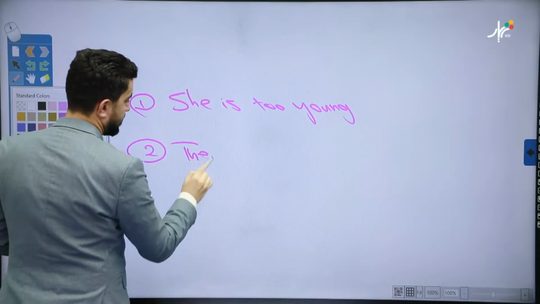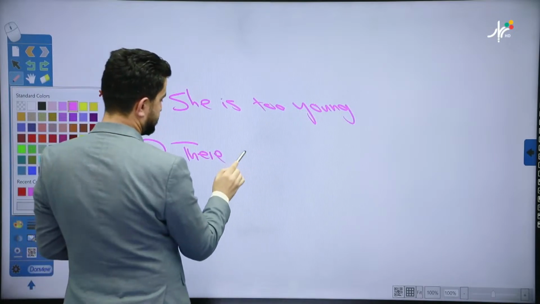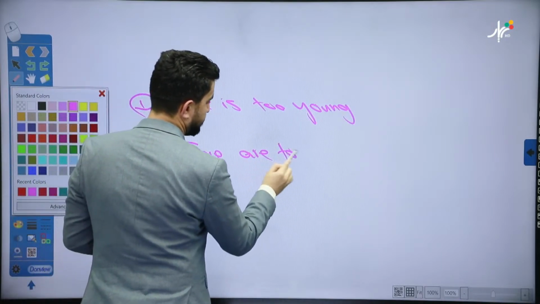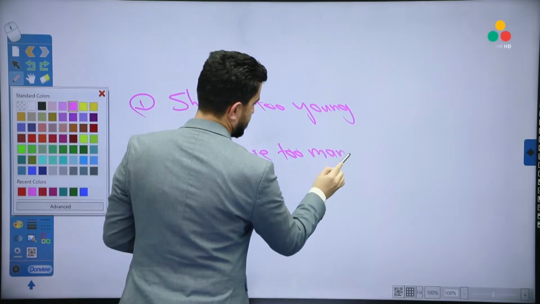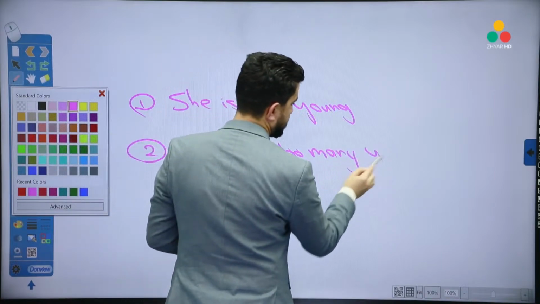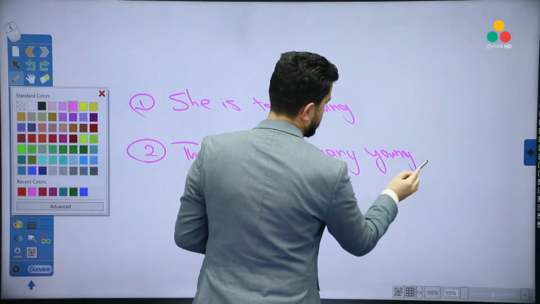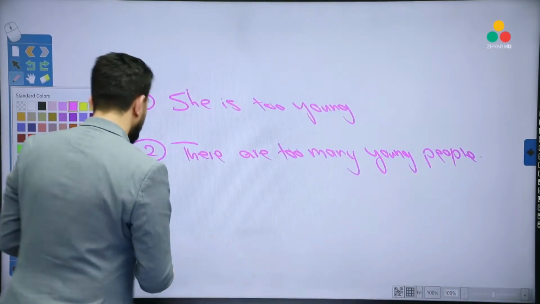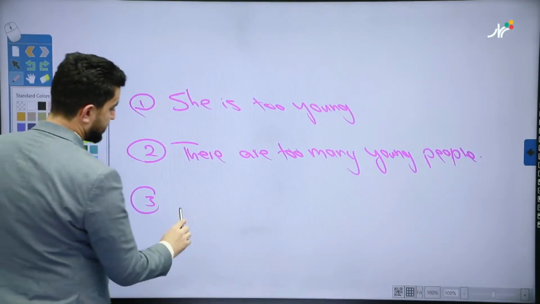There are too many young people. Another rule, we have three rules we said.